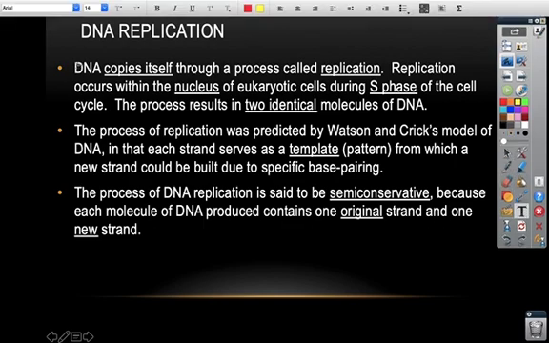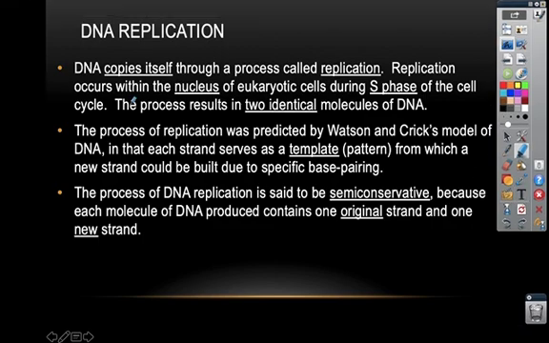So remember, DNA copying itself is called replication. And that happens during S phase, and that's happening inside the nucleus. Make sure you know where this is happening, and that should make sense because in a eukaryotic cell, the DNA is stored within the nucleus. And at the end of replication, you get 2 identical molecules of DNA.